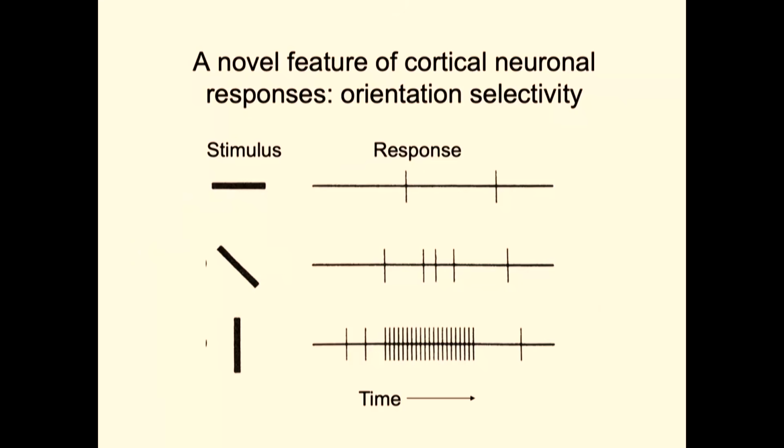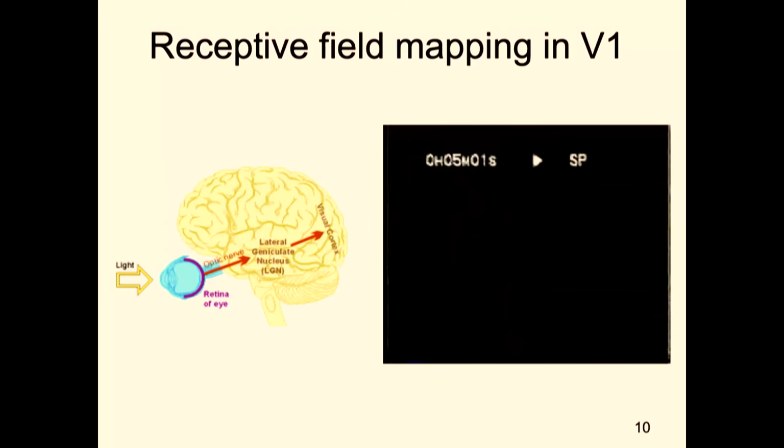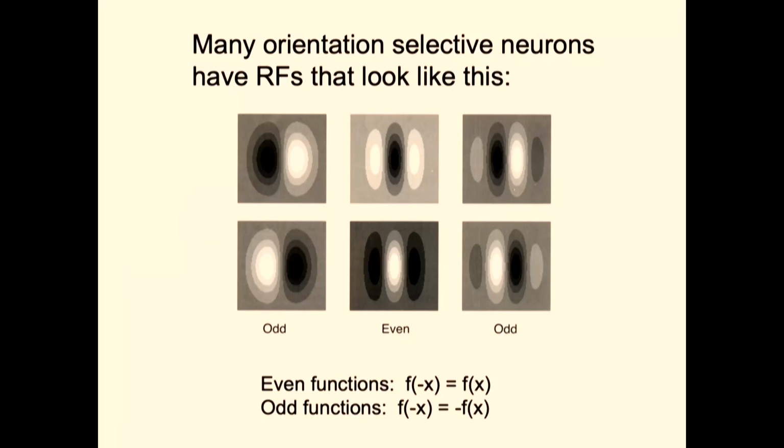We then talked about orientation selectivity, including this video that we just saw, and how we can approximate the receptive fields of orientation selective neurons with linear filters that have these kinds of oriented forms.